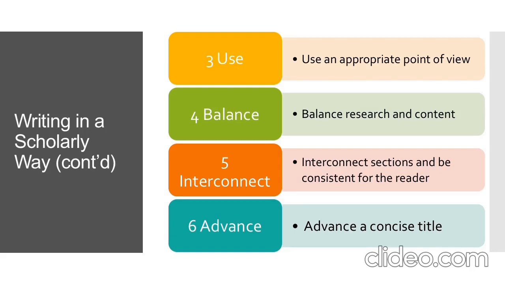Finally, researchers need to advance a concise title for their research. The purpose of a title is simply to summarize the major idea of the paper in a concise and clear manner. The title should be no longer than 12 words in length.